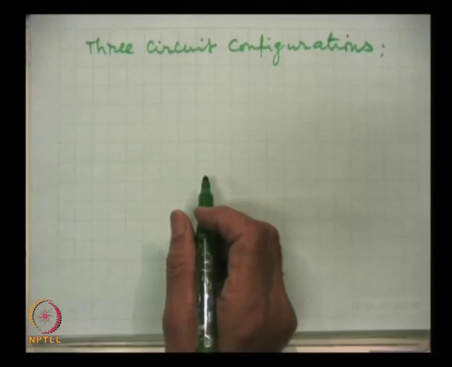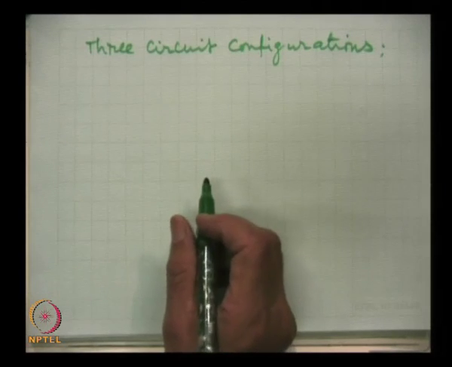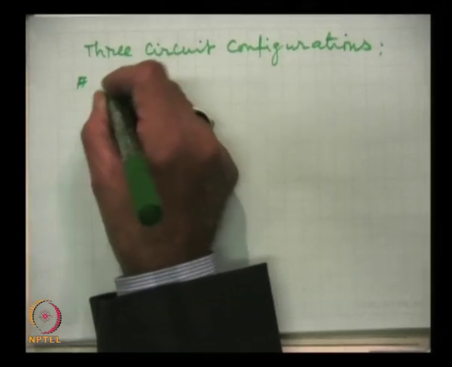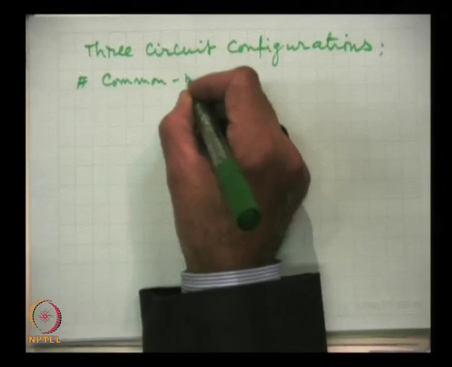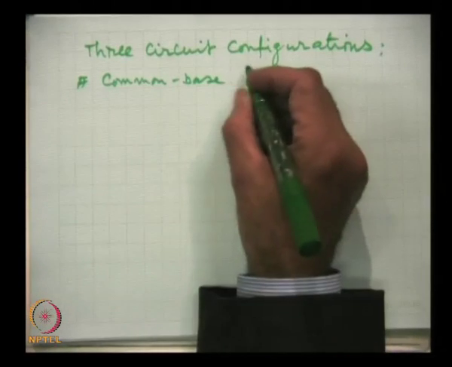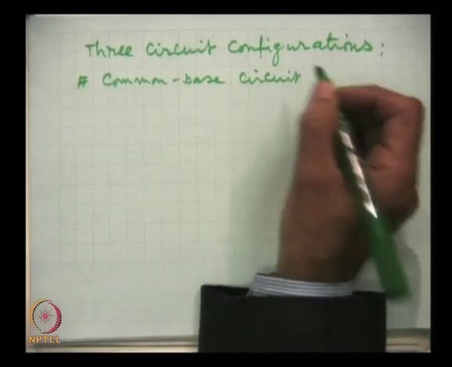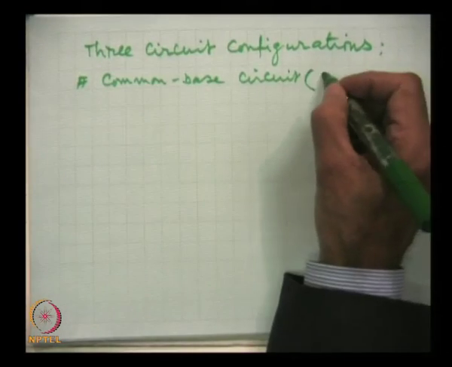One and the same transistor can be used in 3 different circuit ways. One is the common base circuit, popularly known as the CB configuration.